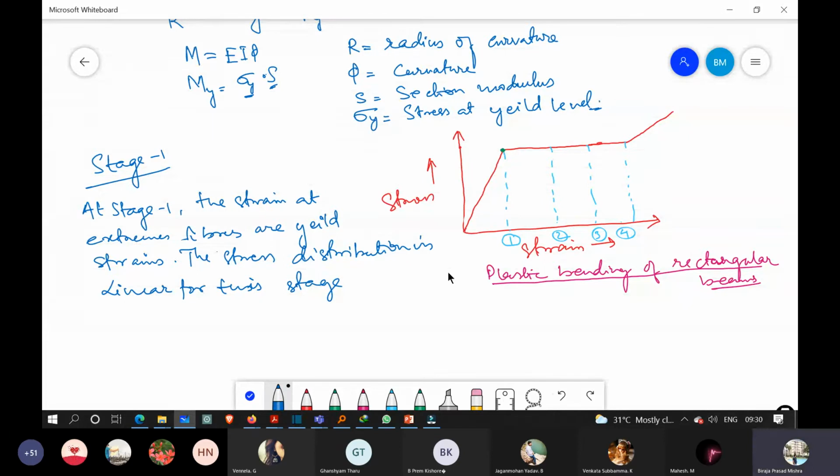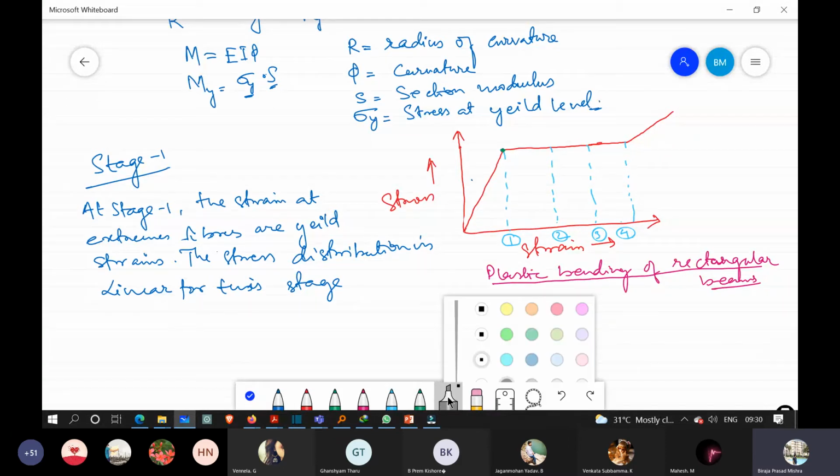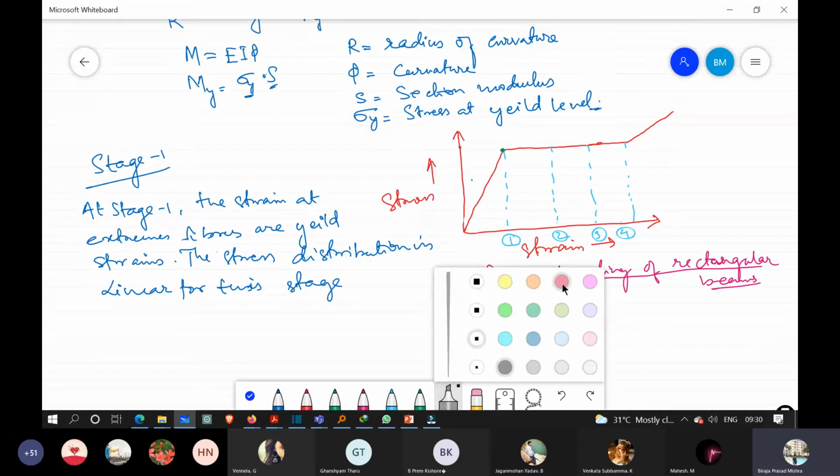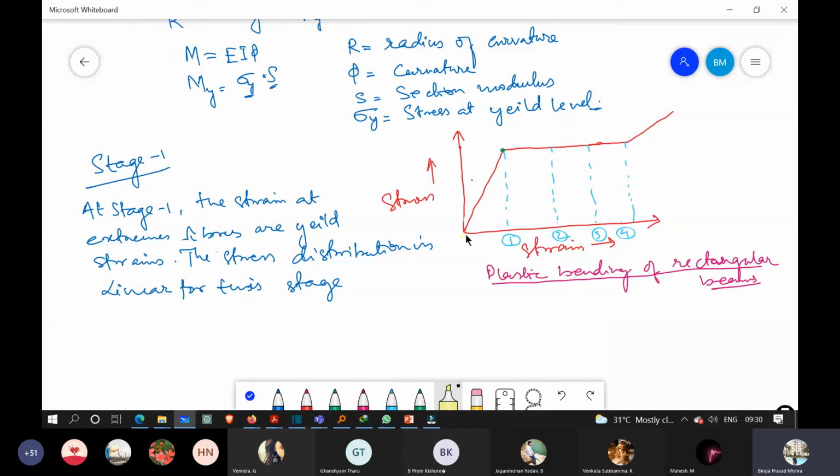Let me choose yellow. When you increase the force, the stress strain relation becomes linear, and it reaches this point.